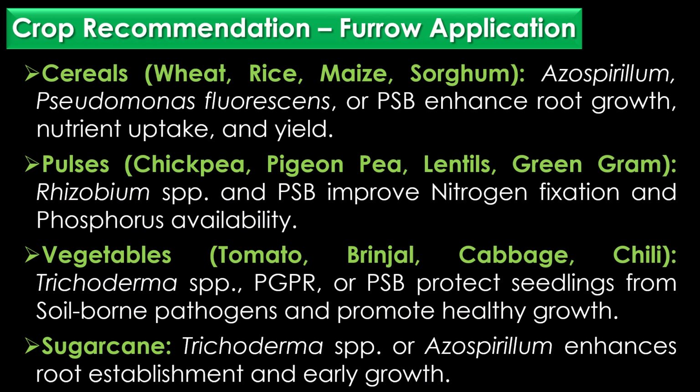For vegetables like tomato, brinjal, cabbage and chili, Trichoderma species, PGPR or phosphate solubilizing bacteria were applied through furrows to protect seedlings from soil-borne pathogens and promote healthy growth. For sugarcane, furrow application of Trichoderma species or Azospirillum species enhances root establishment and early growth.